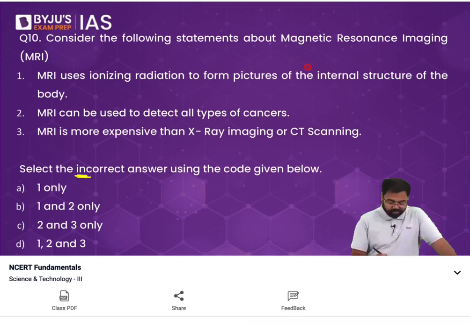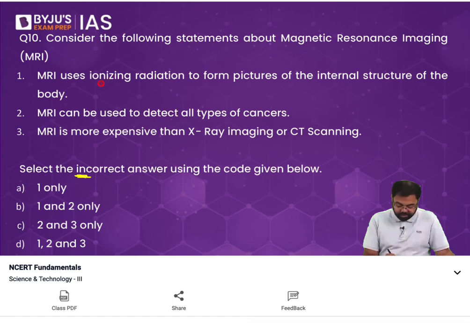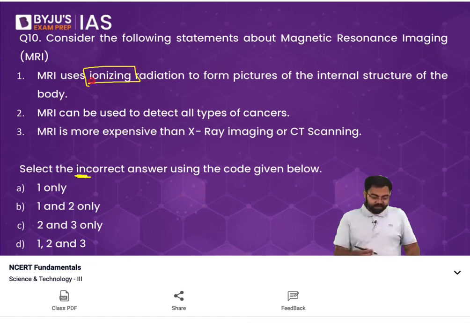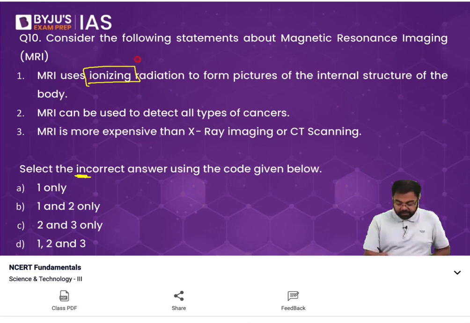When it comes to MRI, it says that it uses ionizing radiation. See, ionizing radiations are the ones which have high energy. These are basically X-rays and gamma rays.